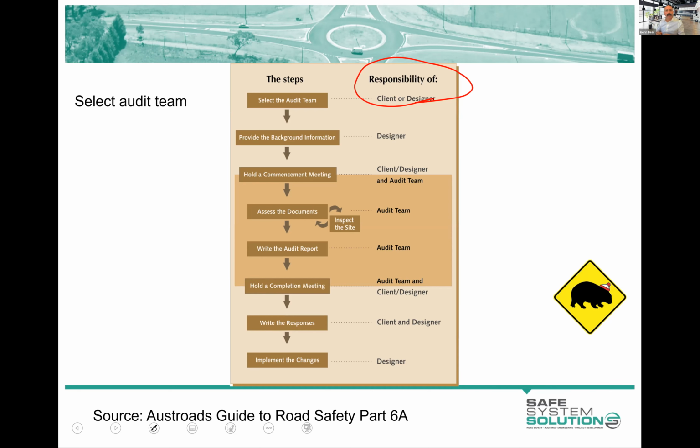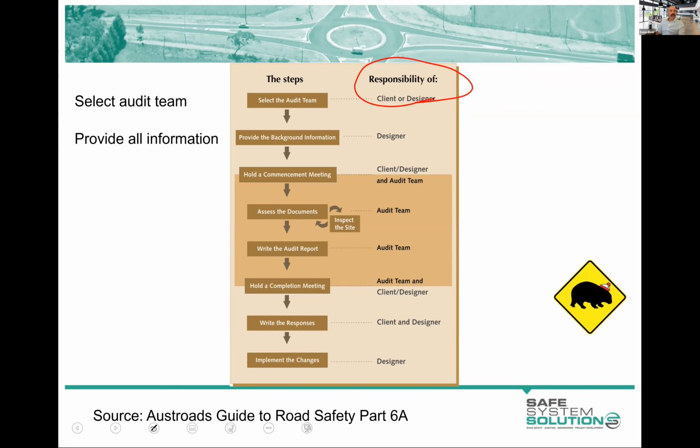They've got some ownership of this project that they're planning, be it a new set of traffic signals or a big duplication. They select the audit team. Now, in practice, they often go out to a consultancy or the like, and it's put together that way. I'll go through each of these in a bit more detail shortly.